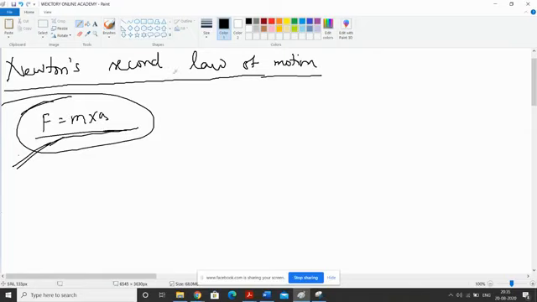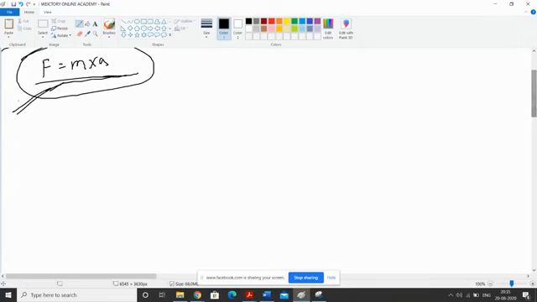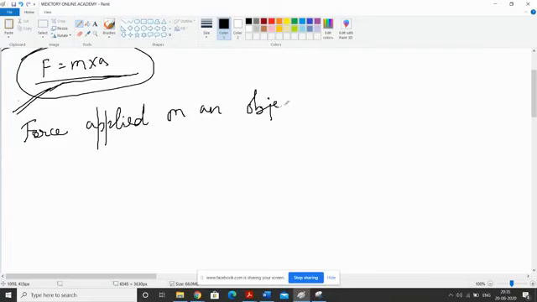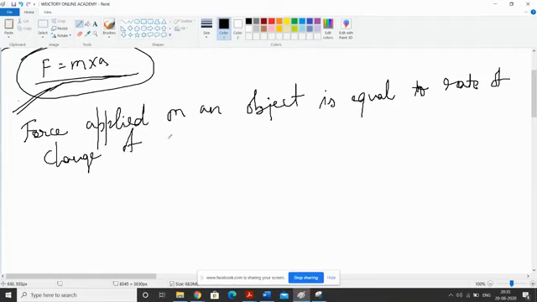The actual form of the second law of motion is: force applied on an object is equal to the rate of change of momentum of that object.